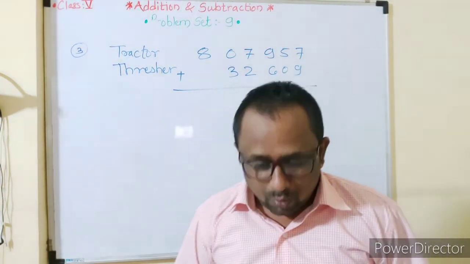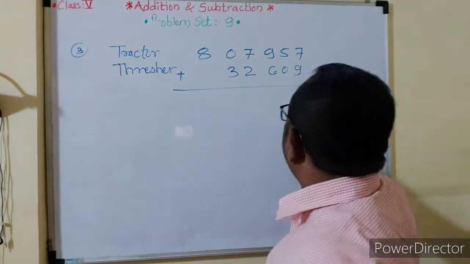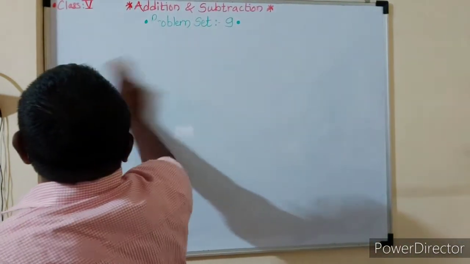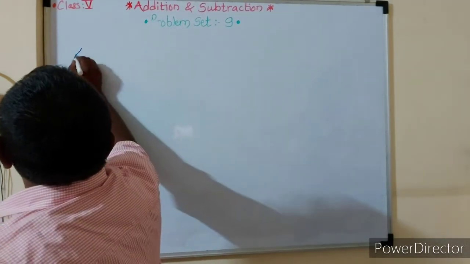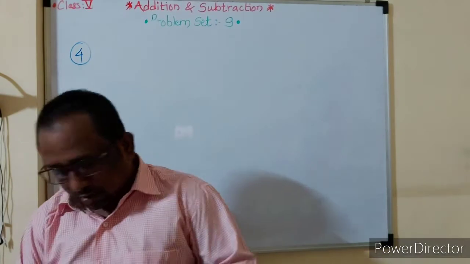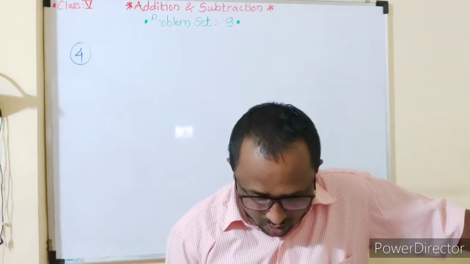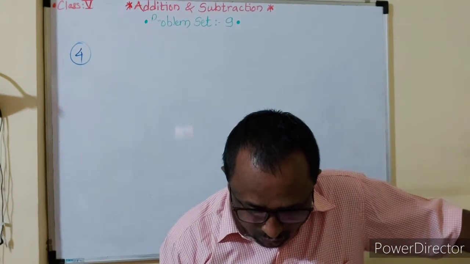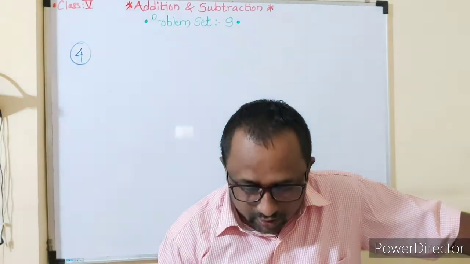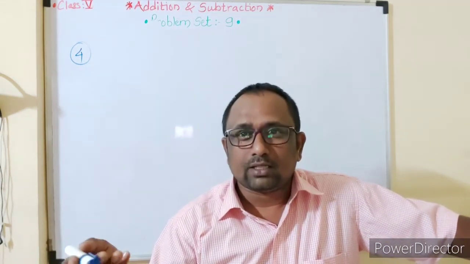Okay students, now we'll move to the next example, that is the fourth example. Now in the fourth example, I will read the example. A textile mill produced 17,24,938 meters of cloth. Textile means they prepare cloth in mills.